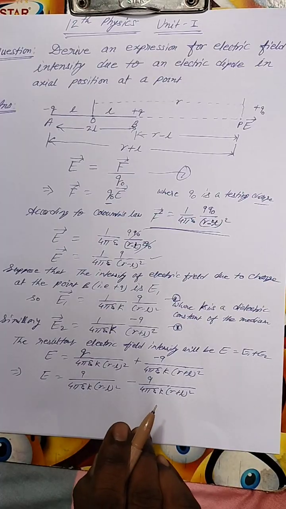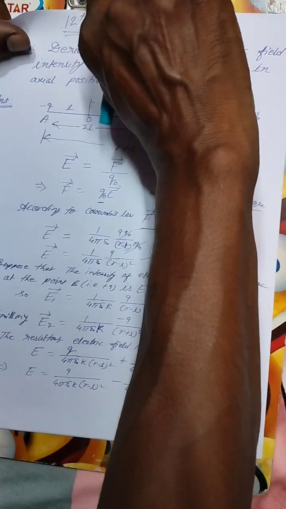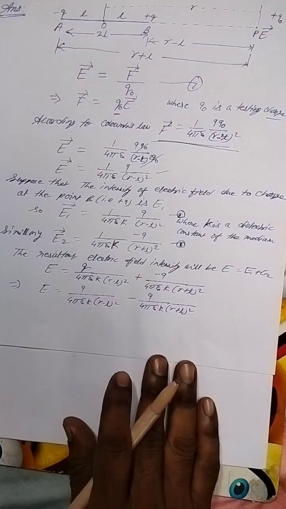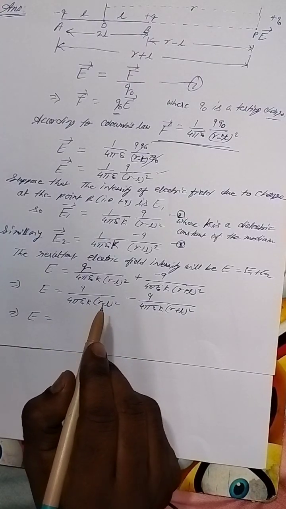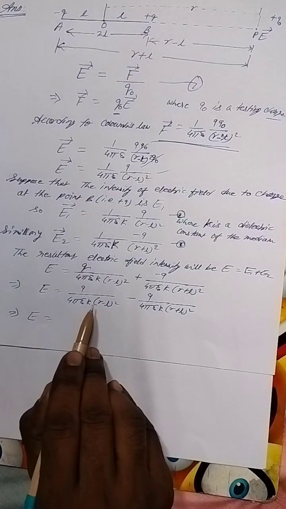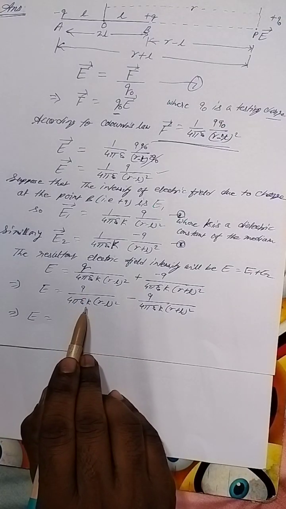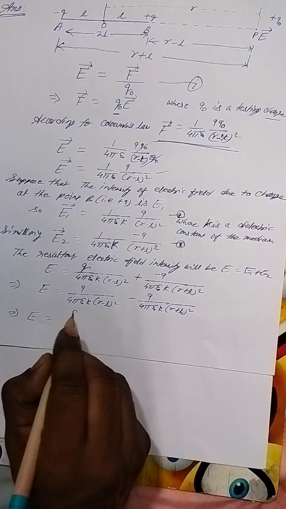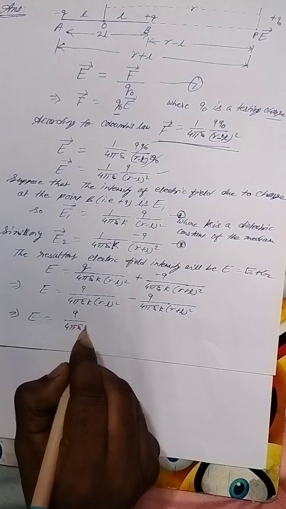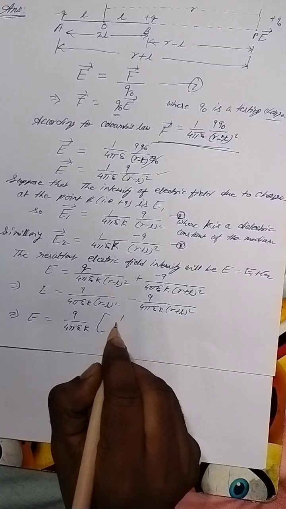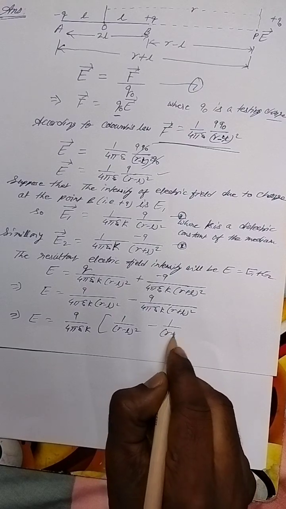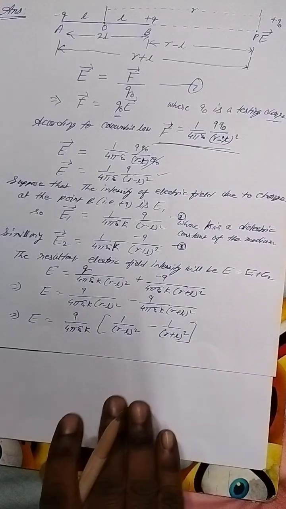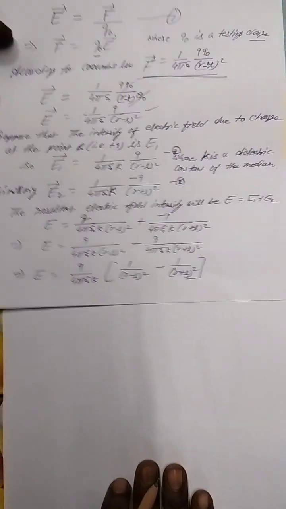Now we can take the common term q upon 4 pi epsilon 0 K from both terms: 1 upon (r minus L) whole square minus 1 upon (r plus L) whole square. Now we will solve.